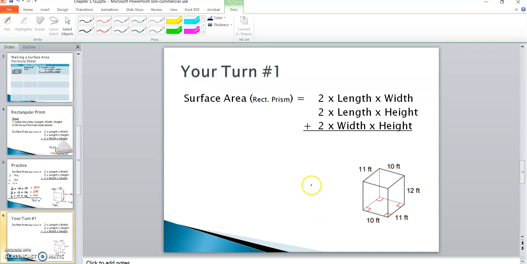So in this one, we're going to label the shape first. So 10 feet will be my length. 11 feet will be my width. And 12 feet will be my height.